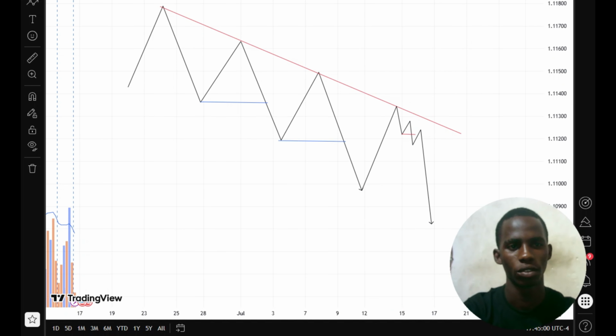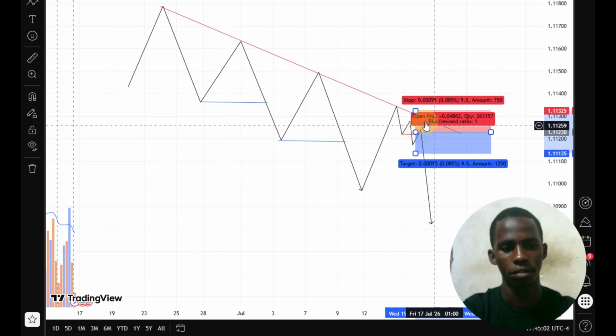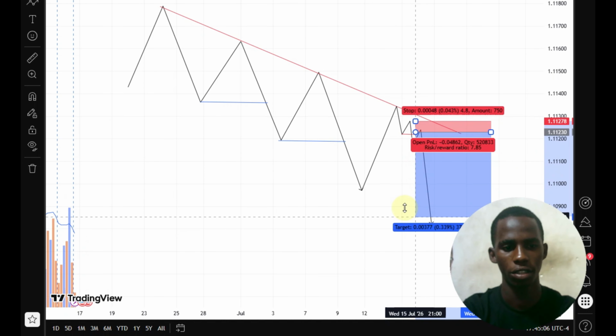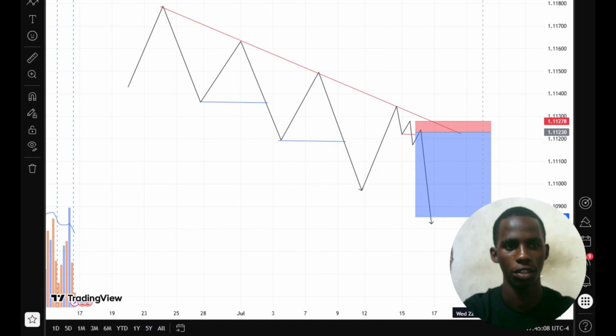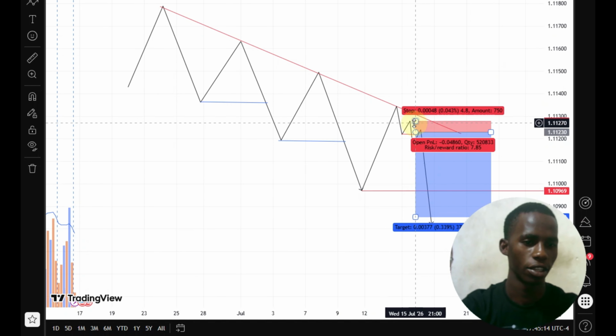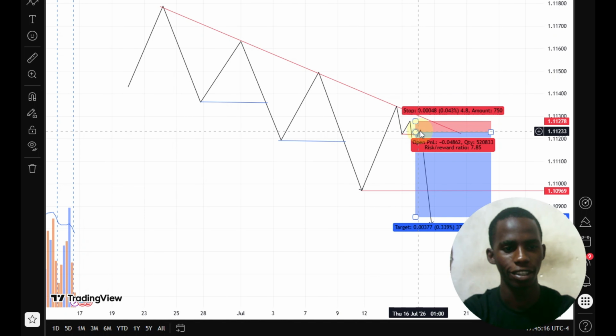Okay, so I would sell from there, take down this low over here. Like this is my draw on liquidity. Okay, so from this price, small internal range to this liquidity over here.